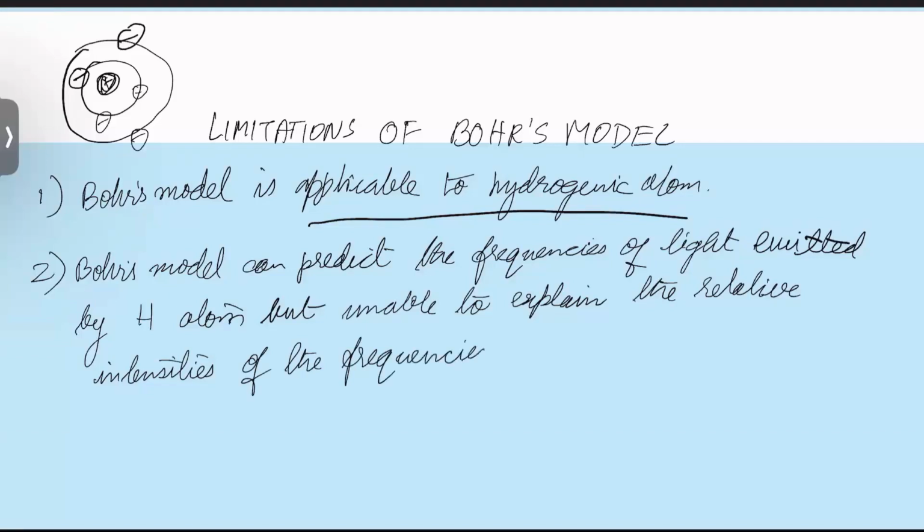Like we could say that some of them had weaker intensities, but Bohr's model could not explain the reason behind those.